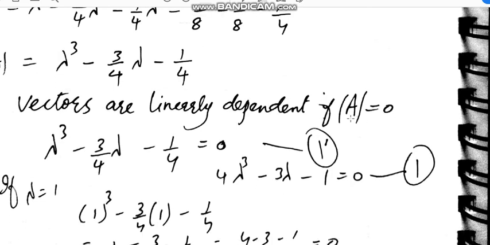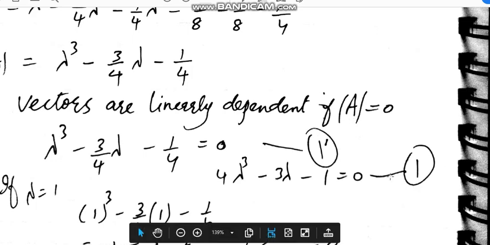So we put the determinant of A equal to 0, then equation 1 dash is lambda cube minus 3 over 4 lambda minus 1 over 4, and I have taken its LCM, and after the LCM we get equation number 1.